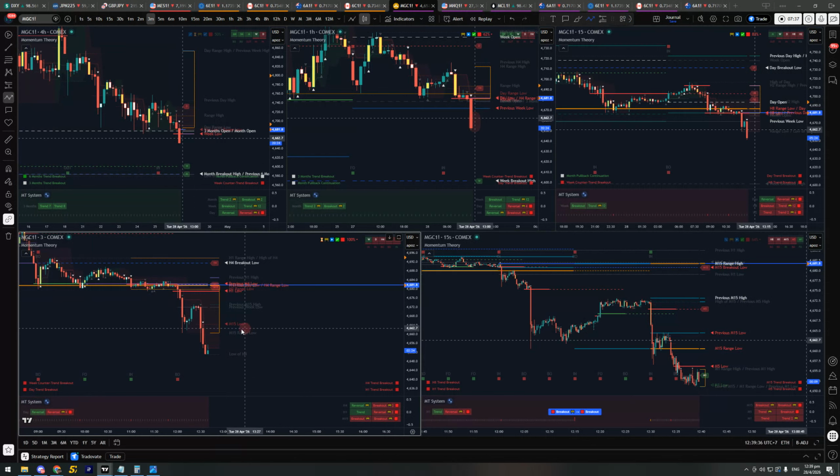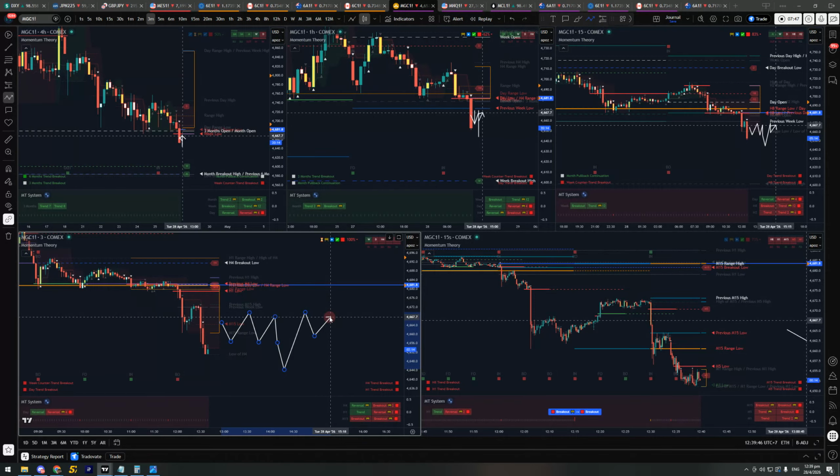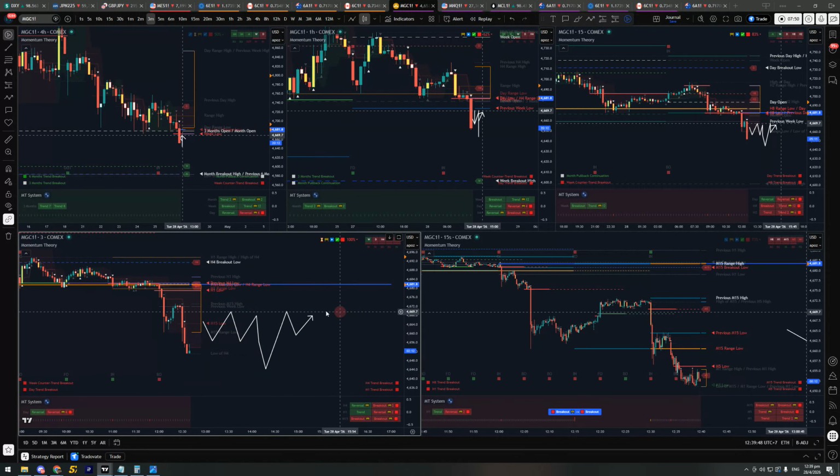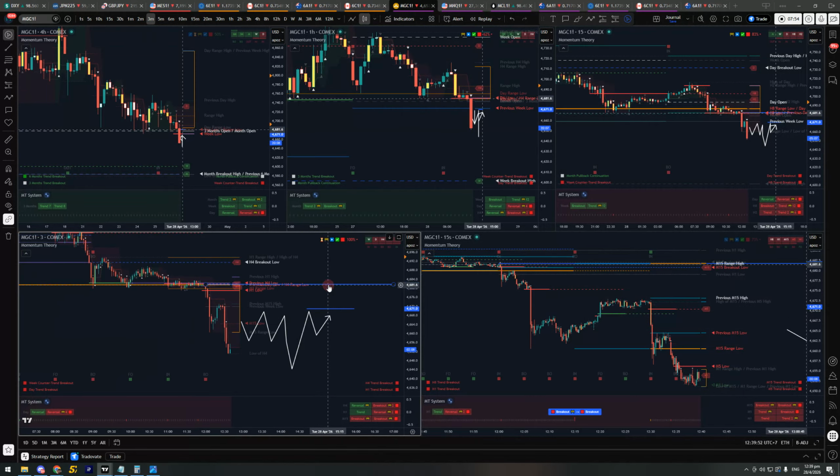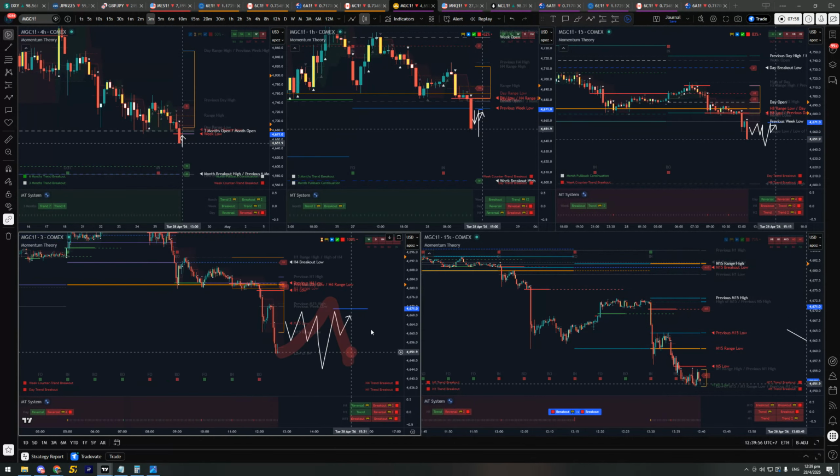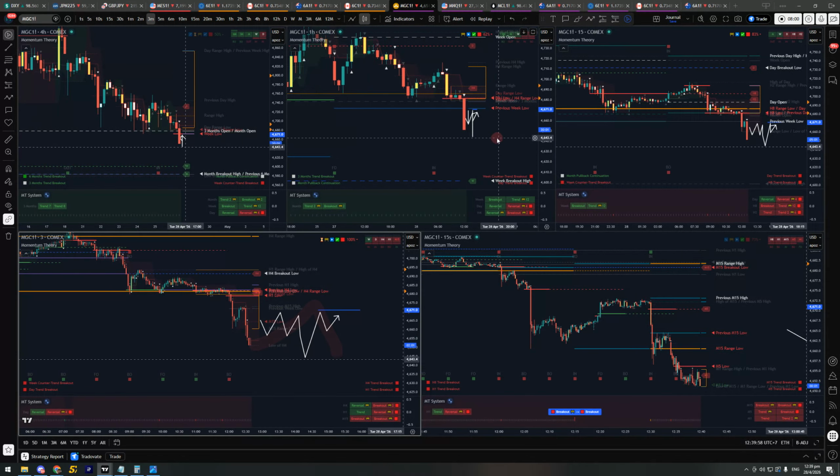I want that next H1 to just stay inside here or fake out the low, and then on the next H1, which happens to be right at London Open, take a trade for a continuation move. So that's what I'm hoping to see.